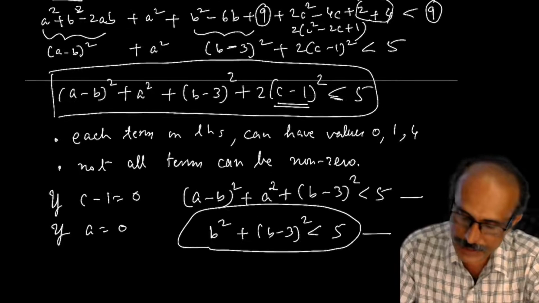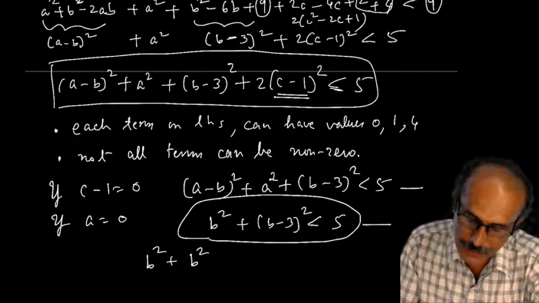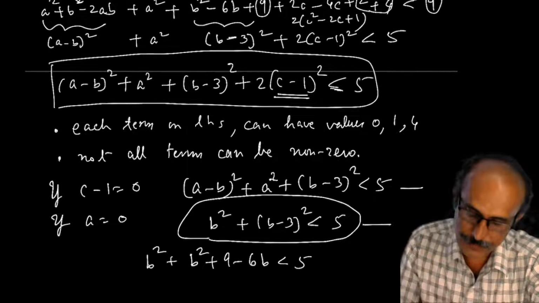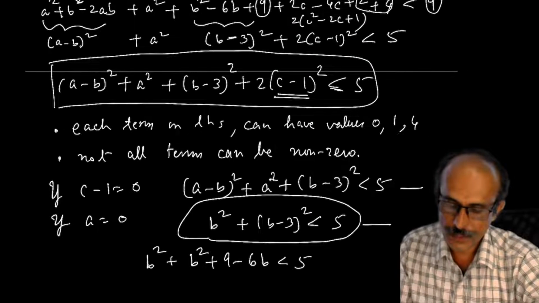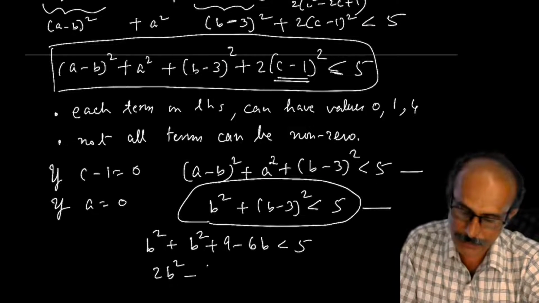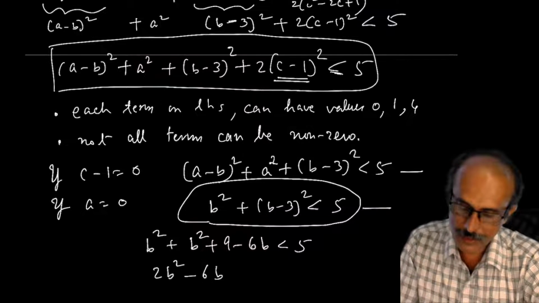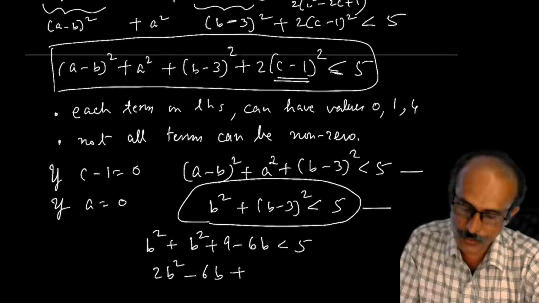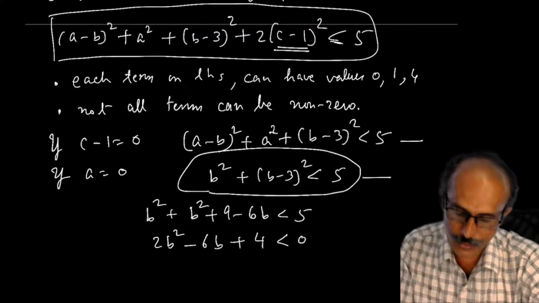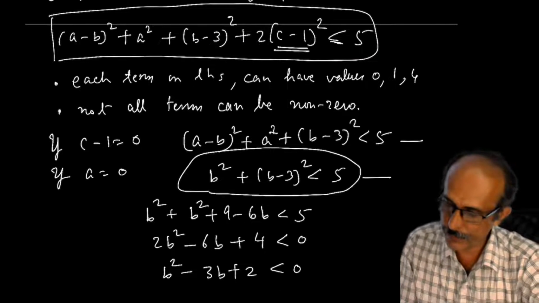So we expand this and open these brackets: b square plus 9 minus 6b less than 5, which simplifies to 2b square minus 6b plus 4 less than 0, which simplifies to b square minus 3b plus 2 less than 0.